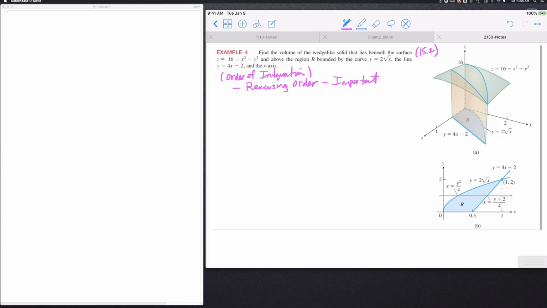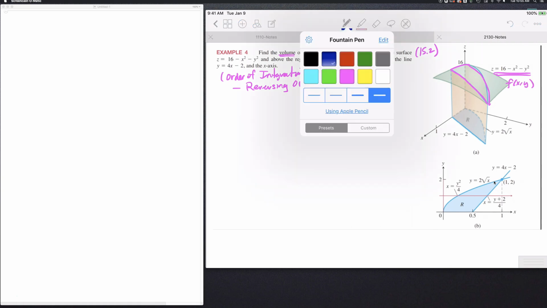A lot of plots have been given to us, a sketch of the region. We can see that we are being asked to find the volume, and a surface has been given to us as a function of x and y.